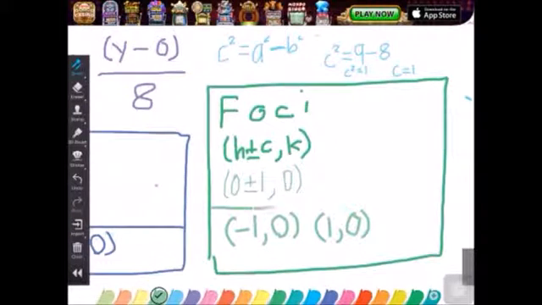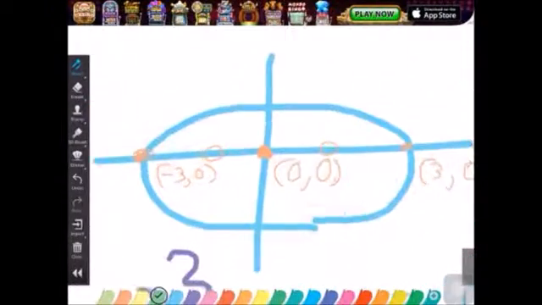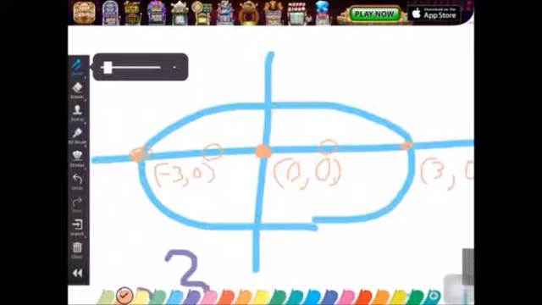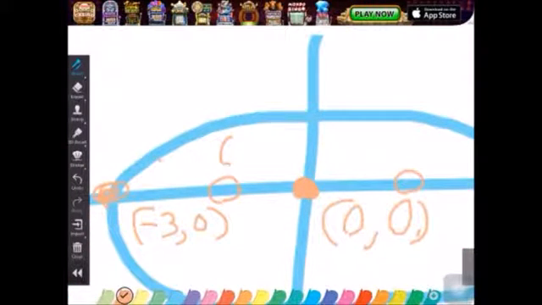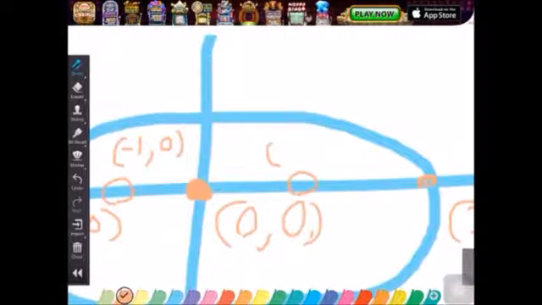And now these 2 points are actually the points of our foci. So if we return to our little representation of our ellipse, we can plug in our foci. So right here, this will be -1 and 0 for that focus, and this focus will be 1 and 0.